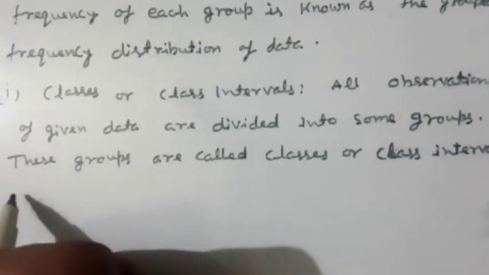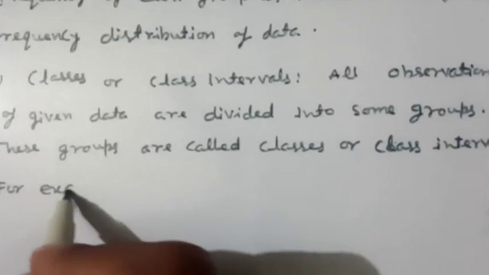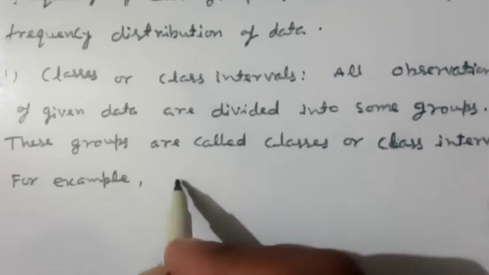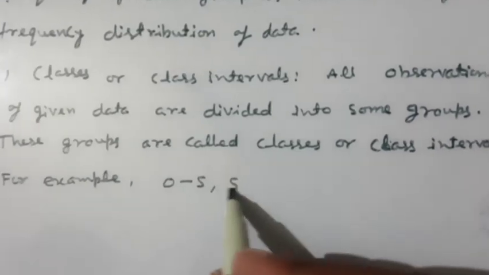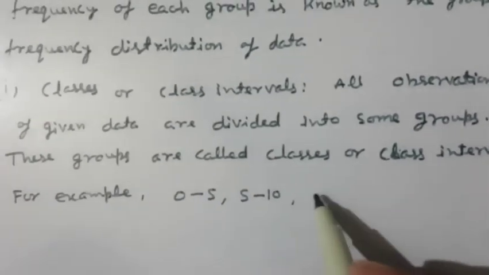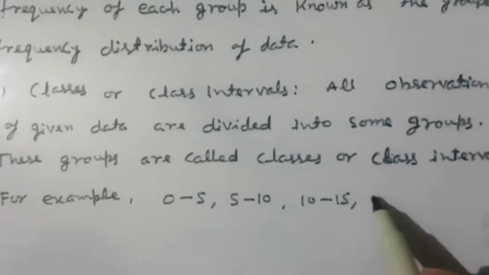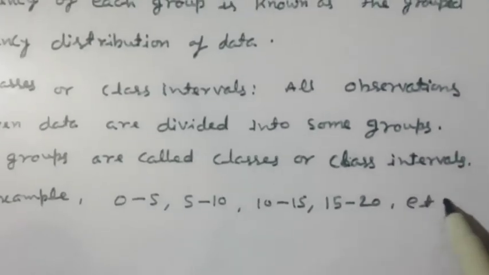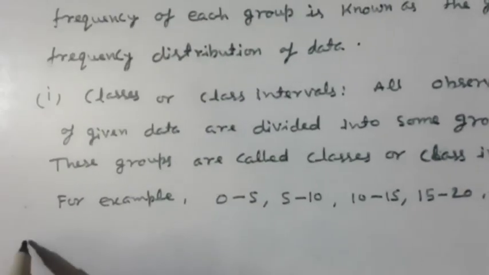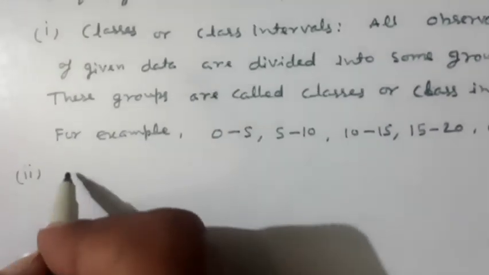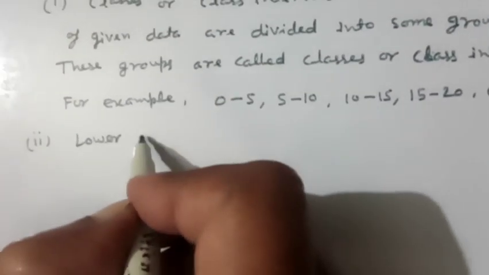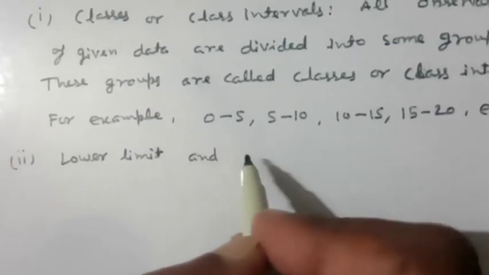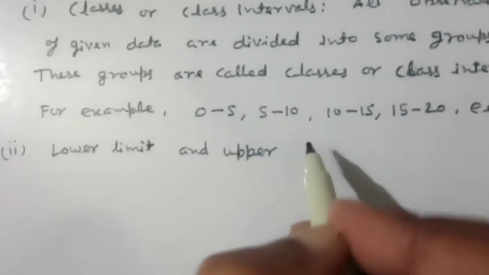For example, 0 to 5, 5 to 10, 10 to 15, 15 to 20, etc. Number 2, lower limit and upper limit.